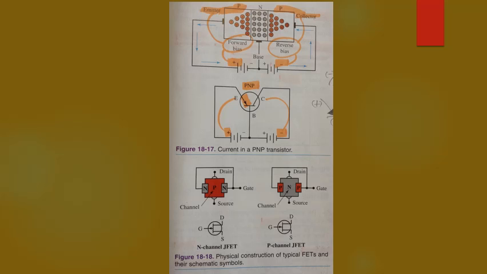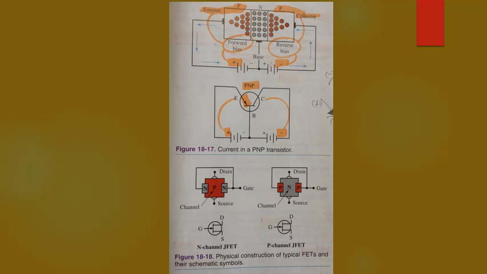The construction and symbols for the JFET are shown in figure 18-18. The three main parts of the JFET are the source, drain, and gate. These three parts are similar to the three main parts of a typical bipolar transistor. The source compares to the emitter, the drain compares to the collector, and the gate compares to the base.